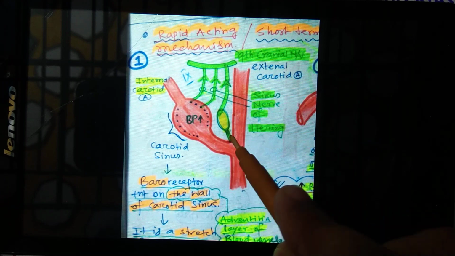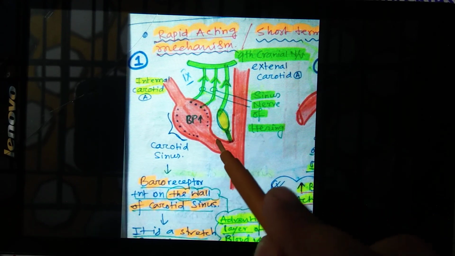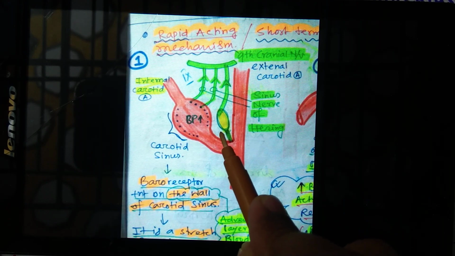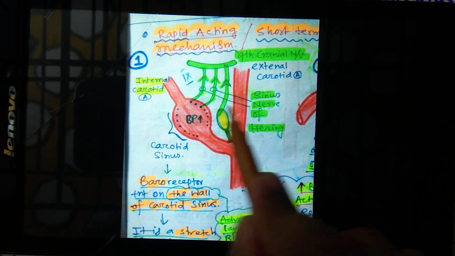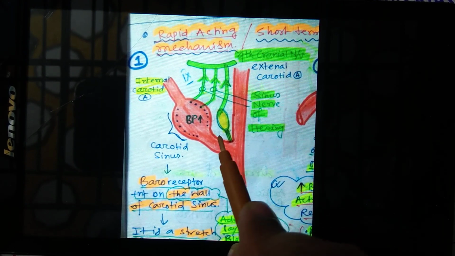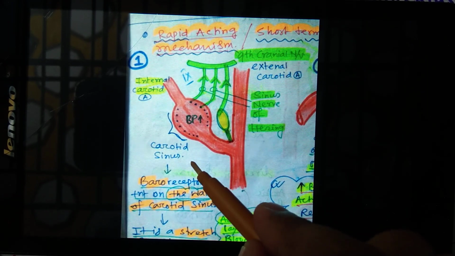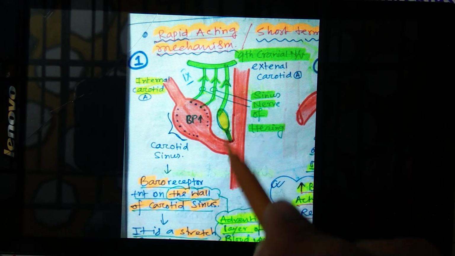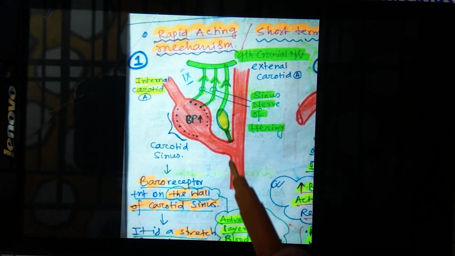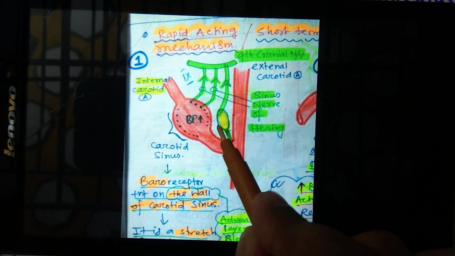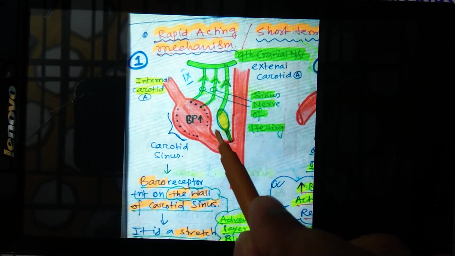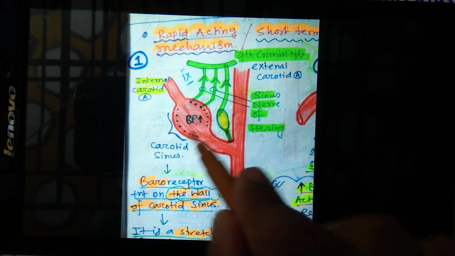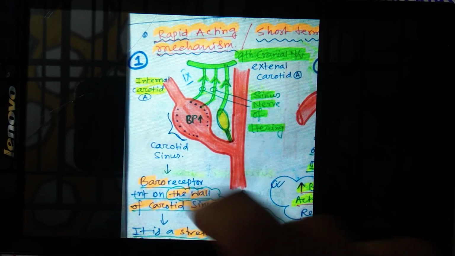So the carotid body regulates our respiratory physiology, ventilation, and also blood pressure, but it predominantly regulates respiration. Okay, let's discuss the carotid sinus first, then the carotid body, and then its clinical aspects.